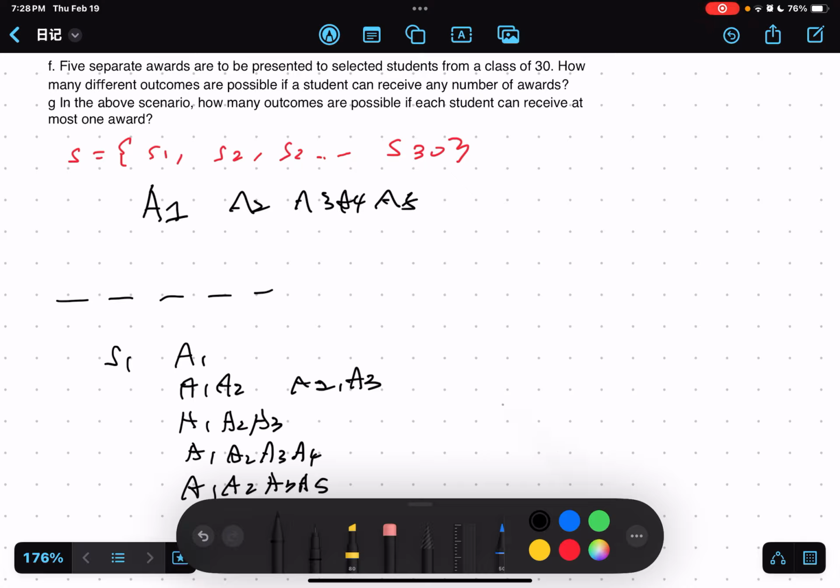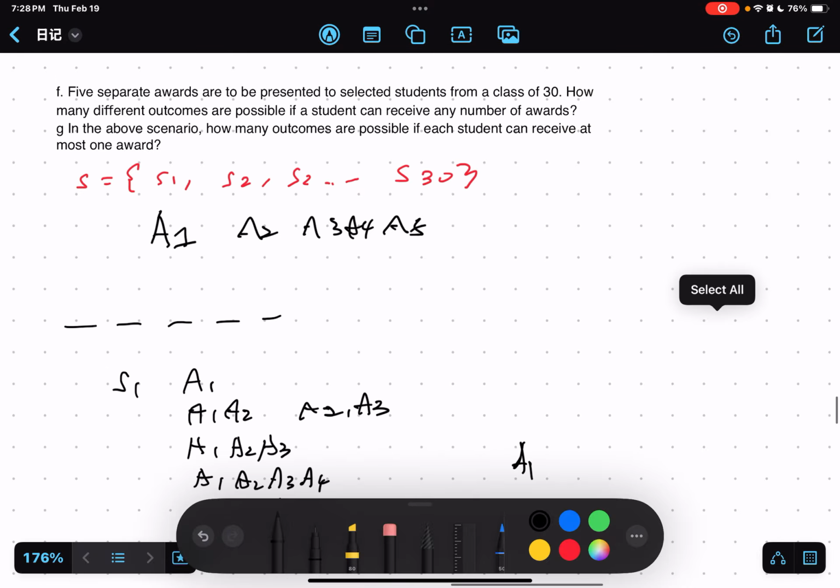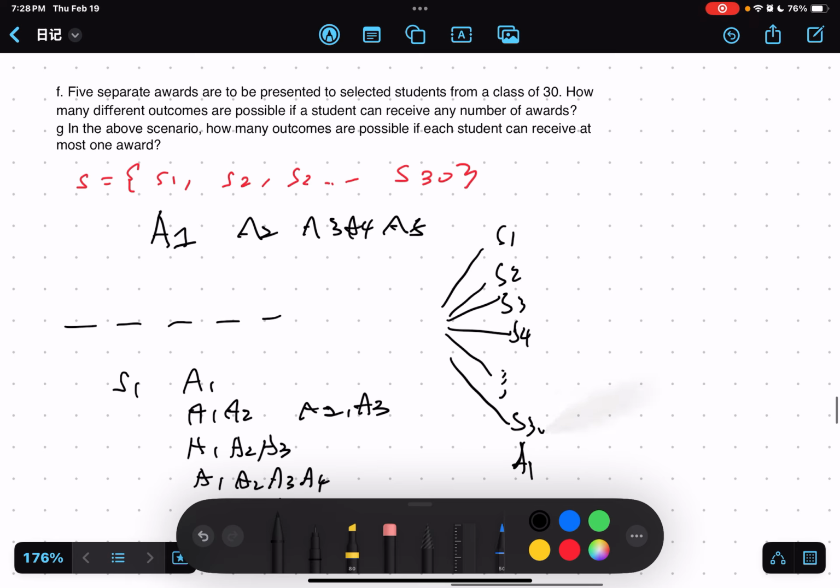So for the first step, to choose award 1, we have 30 ways. Why? Because we have 30 students: student 1, student 2, student 3, student 4, to student 30.